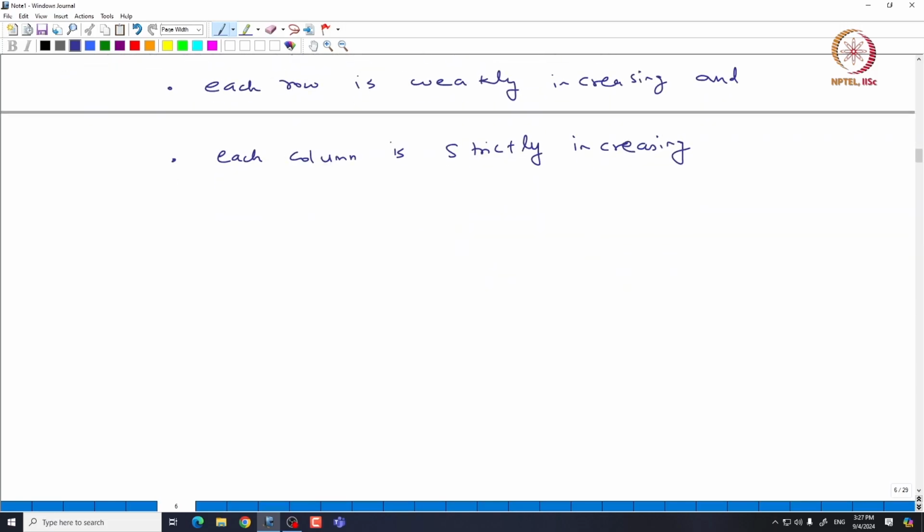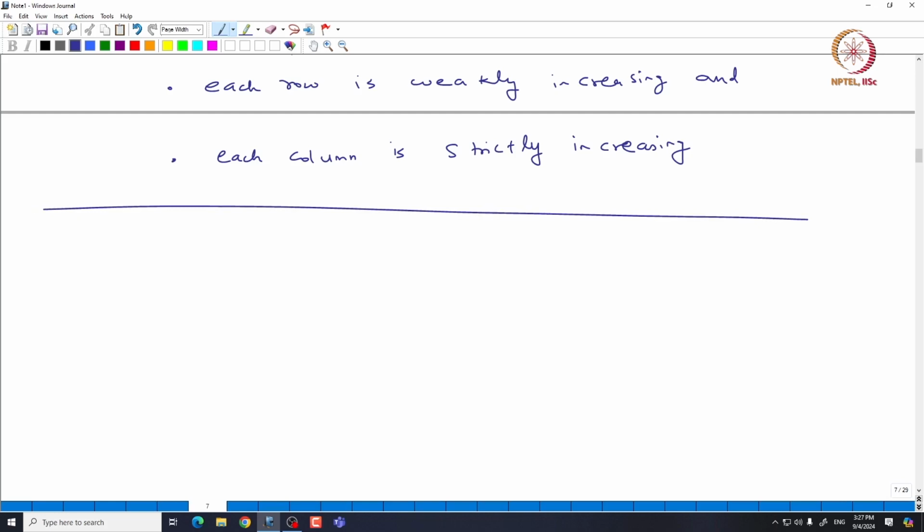So, for example, let us do one example. Here is the warning: the number of variables plays an important role in filling these diagrams.